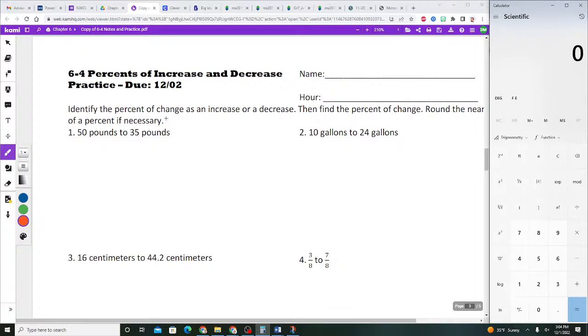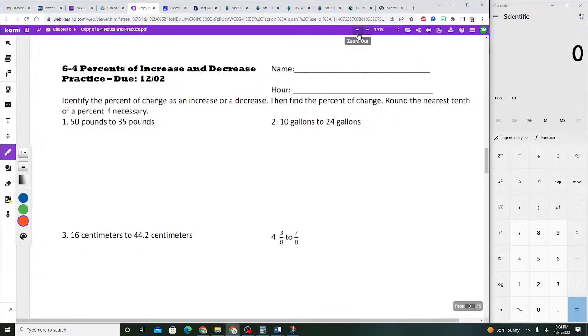So we need to identify the percent change as an increase or decrease, and then find the percent of change. We've got 50 pounds, and 50 pounds is going to go down to 35 pounds. So that would be a decrease. And then we know that we've got to keep our numerator positive, so we'll go 50 minus 35 divided by 50.